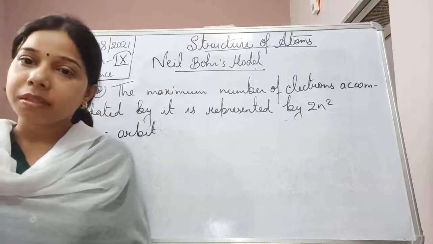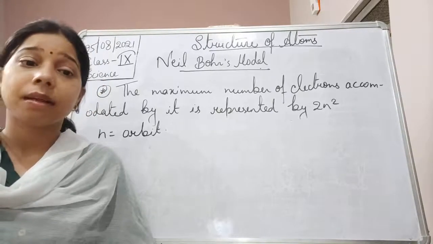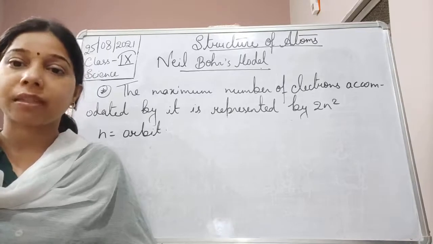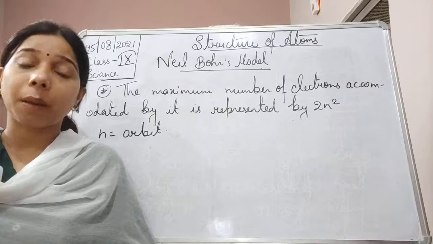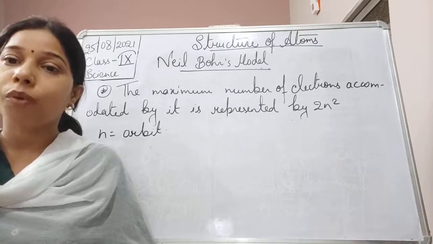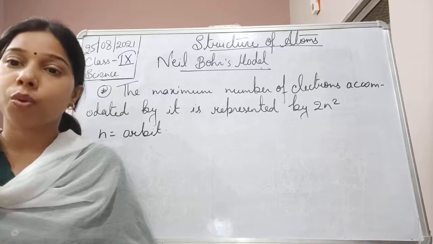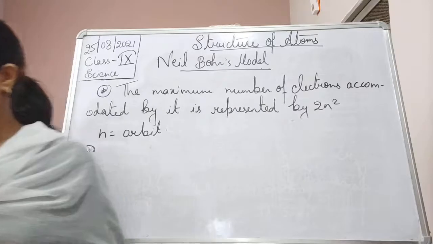Understood? It doesn't matter that the shell can have a maximum of 18, the outermost shell can have only 8 electrons, not more than 8 electrons. So it can only complete its octet.